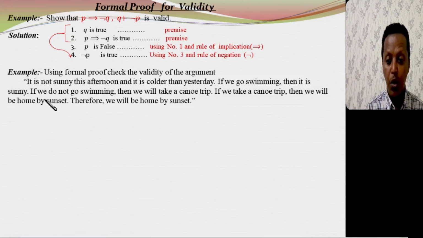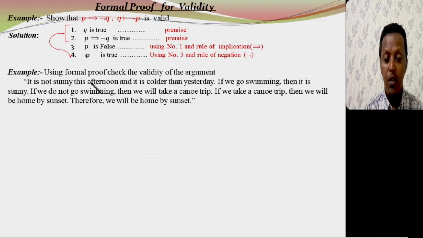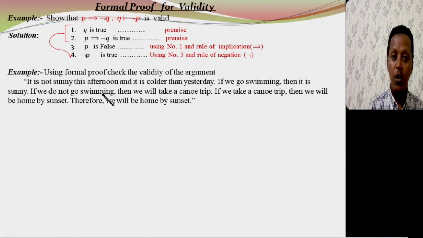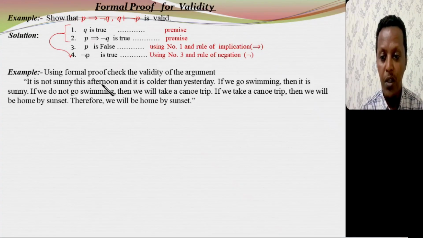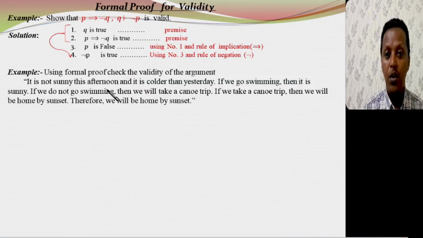So to check whether this argument is valid or invalid, the first step is converting the verbal statement into symbolic form. Remember, we are not going to bother about the real meaning of the statement in the argument. What we need is the key points.